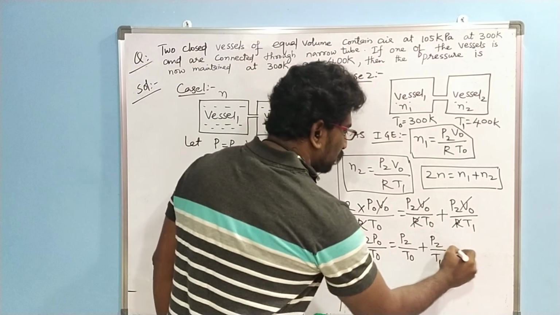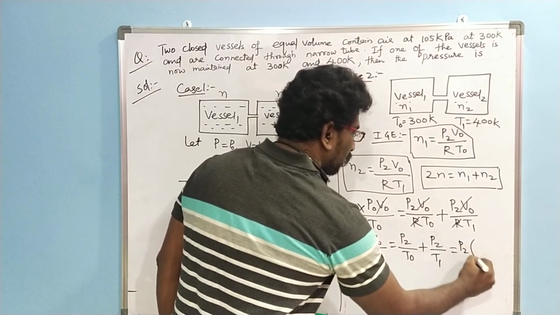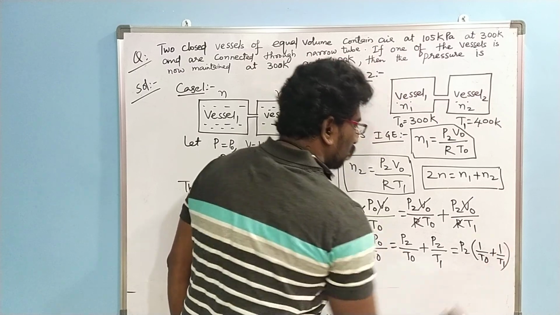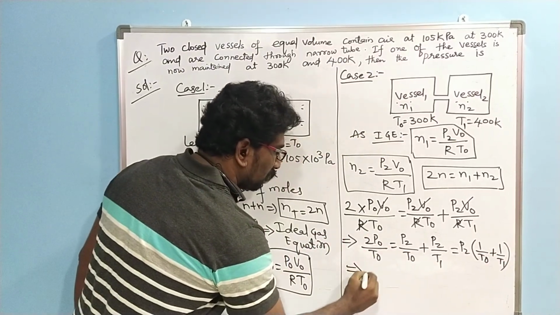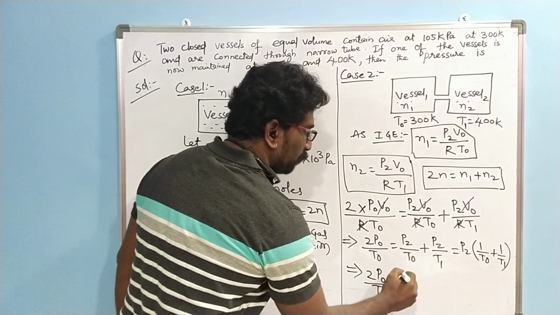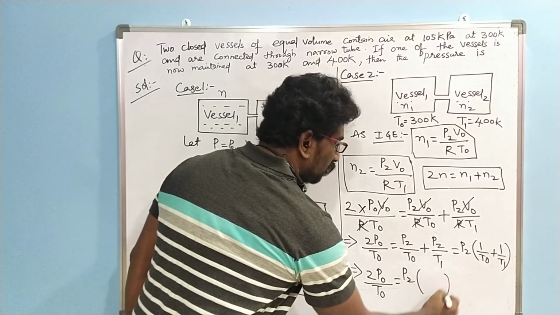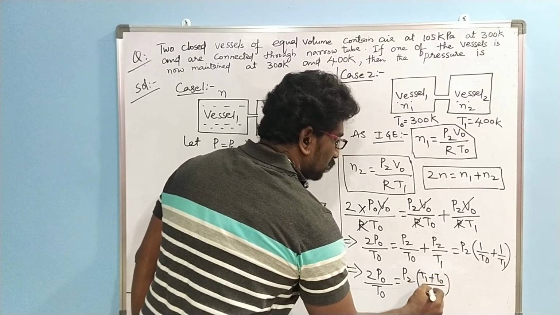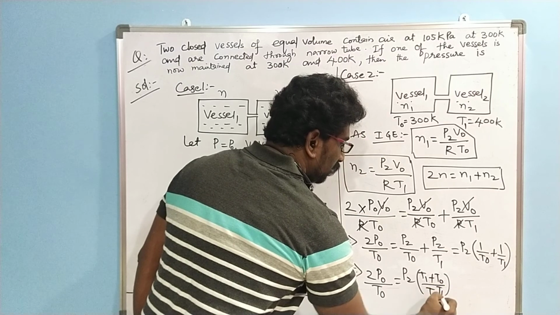If I take P2 common, it becomes 1 over T naught plus 1 over T1. So I can write 2P naught over T naught is equal to P2 times, taking the LCM, (T1 plus T naught) over T naught T1.